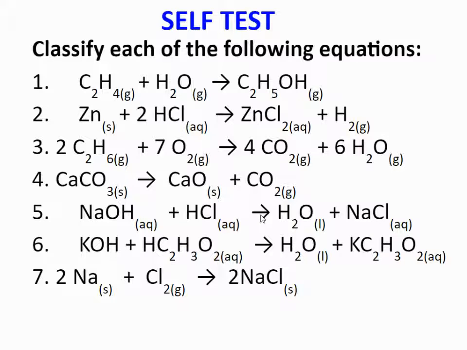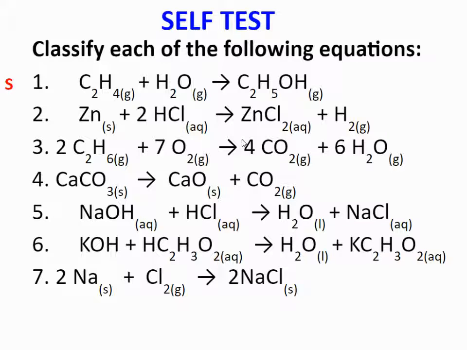Now, self-test. If we look at the first one, we have CH and OH, or H2O, but we only have one product. One product means it is, pause for effect, synthesis. Now, if we look at this, we have one element, one compound.